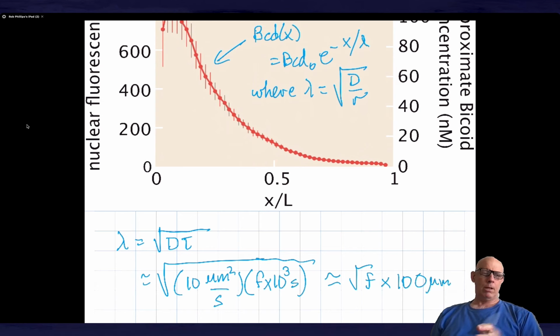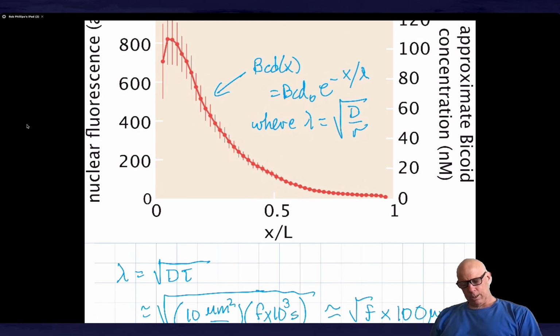So some square root of 3 times 100. Note that this length is 500 microns.